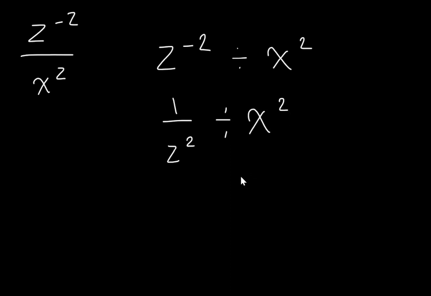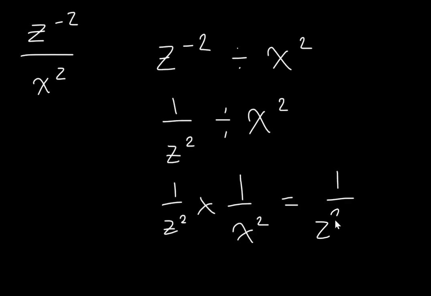Keep, change, flip. We learned this a while ago. We keep the first fraction, 1 over z to the second, times, change this to multiplication, and you flip this one, 1 over x to the second. If you multiply them, you get 1 over z to the second x to the second.